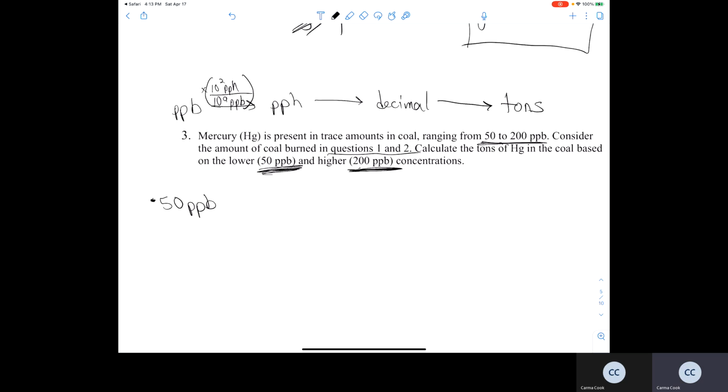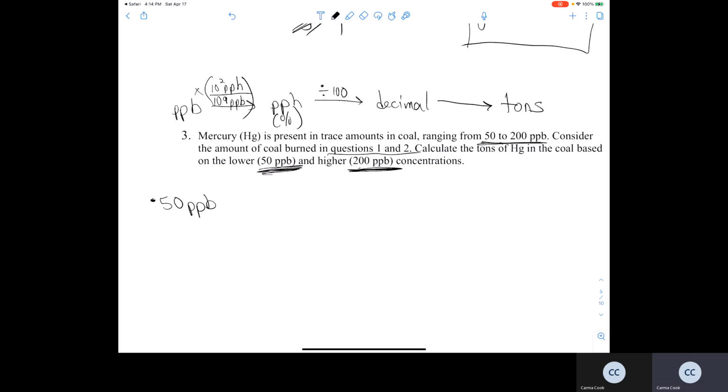Our conversion factor to convert parts per billion to parts per hundred is 1 times 10 to the second parts per hundred per 1 times 10 to the ninth parts per billion. Then to convert parts per hundred, which is a percent, to a decimal, you just divide by 100.